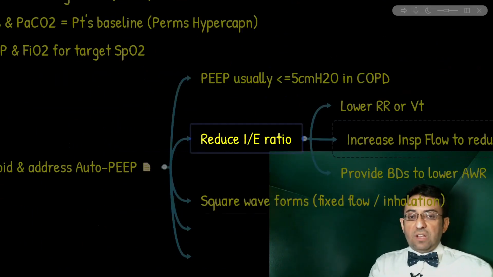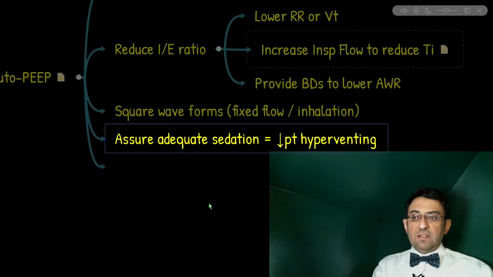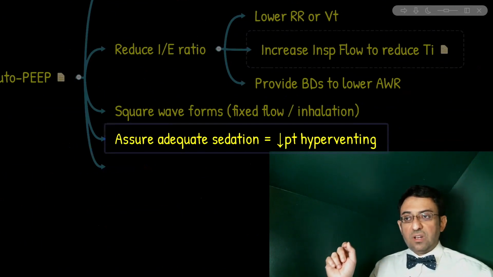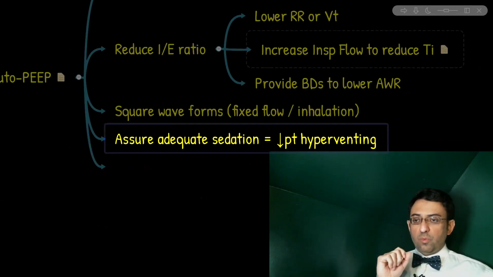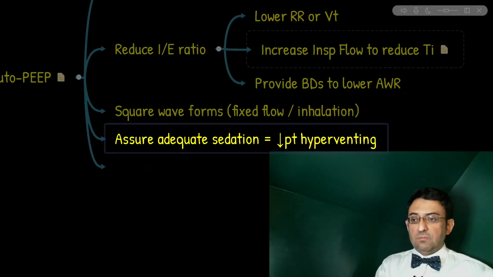Now, if these adjustments don't work, what are the next steps in the management of an auto-PEEPing patient? If our most important strategies, that are the three strategies for reduction of I to E ratio, don't work, we need to assure adequate sedation, as the patient may be fighting the ventilator, be anxious, or may be hyperventilating.